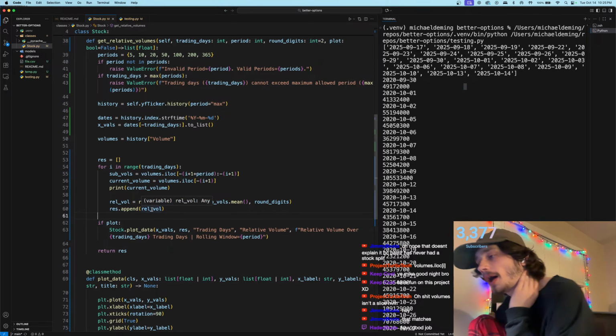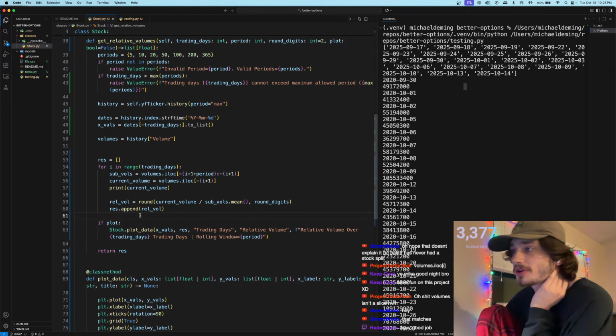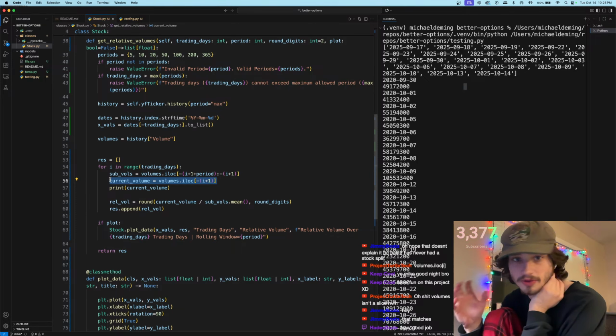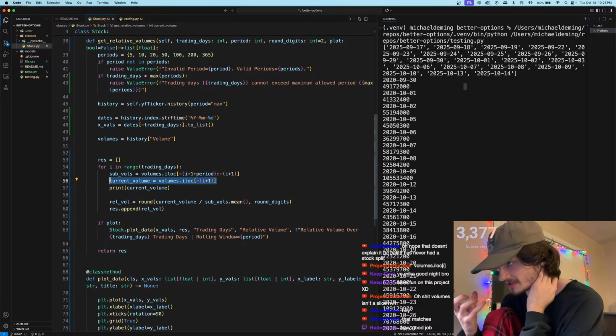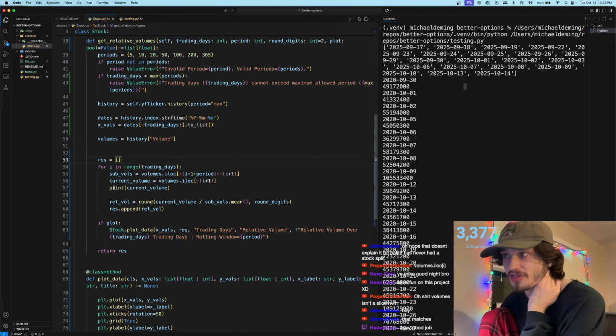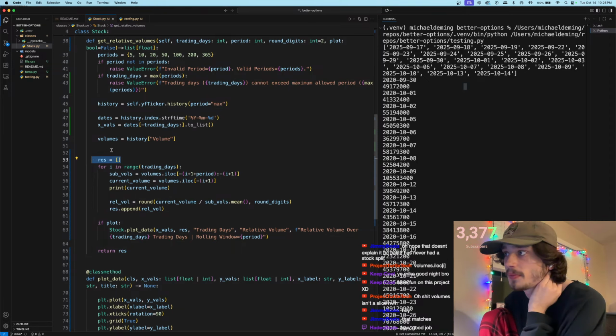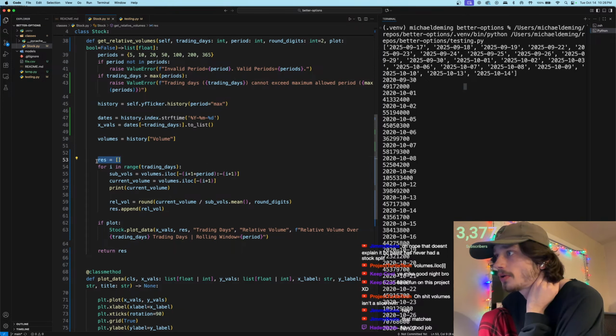Okay, so what's happening is we're going to the most recent day first. So the 14th is the most recent day, October 14th, and that gets appended. And then the 13th gets appended, then the 12th gets appended. So it's appending to our result in reverse order.